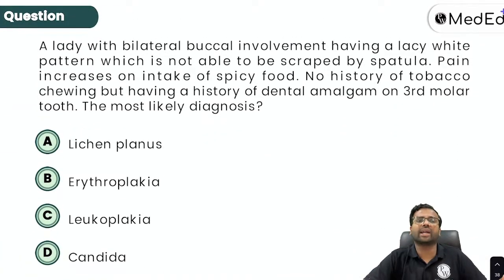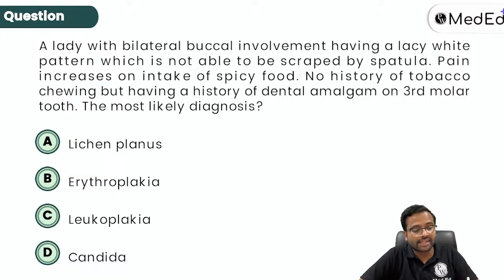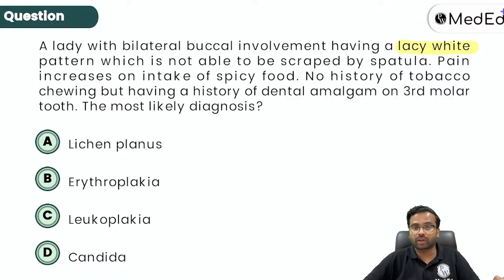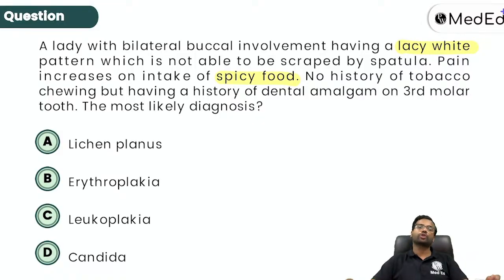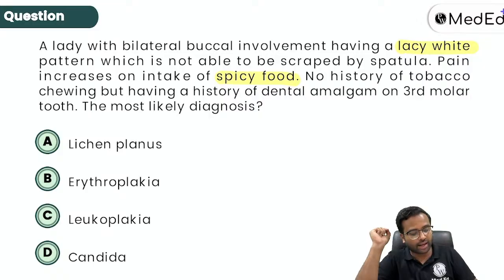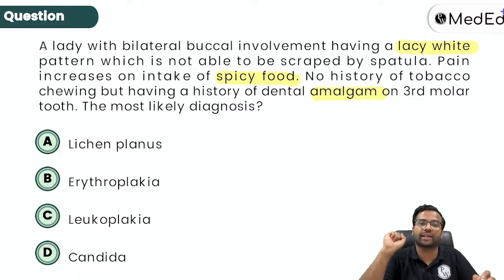The next question is, a lady with bilateral buccal involvement having a lacy white pattern which is not able to be scraped by a spatula. Pain increases on intake of spicy food. No history of tobacco chewing, but the patient has a history of dental amalgam on the third molar tooth. What is the likely diagnosis?